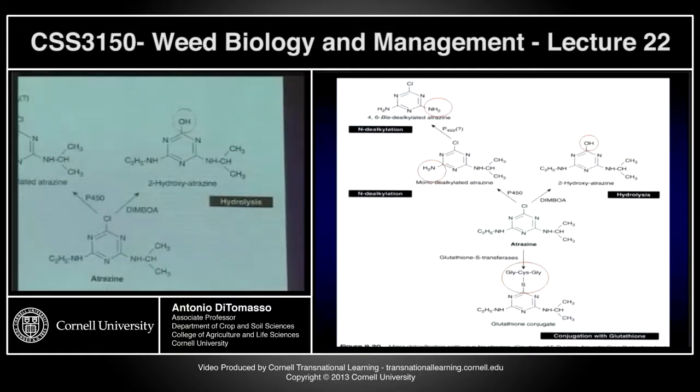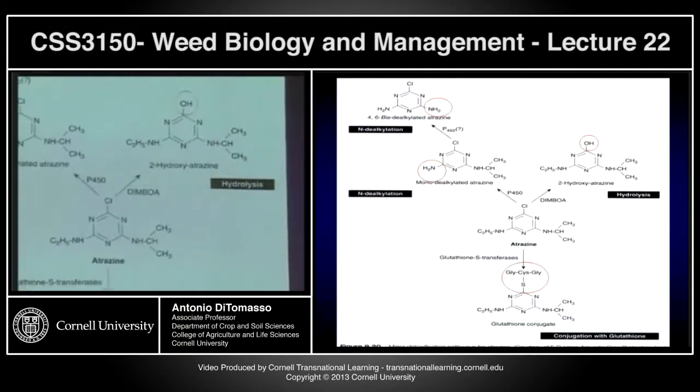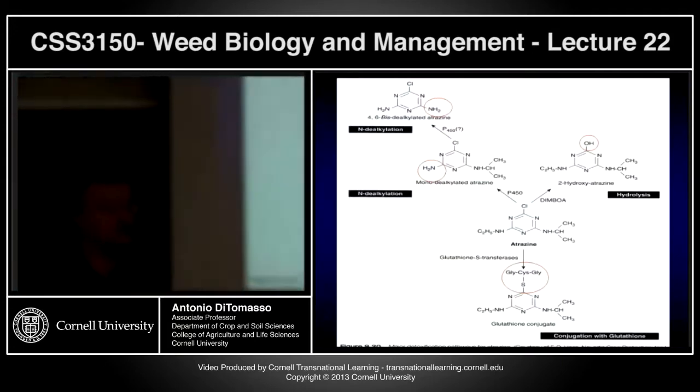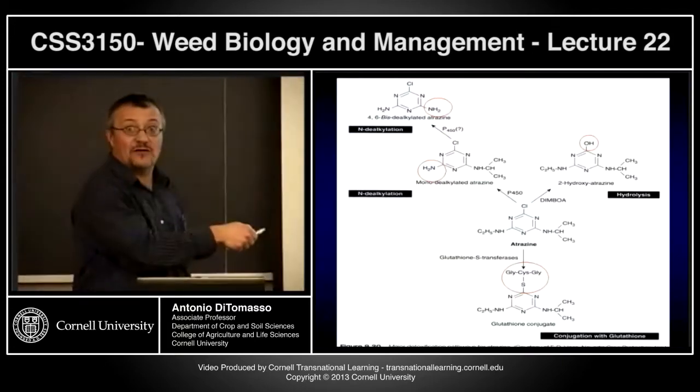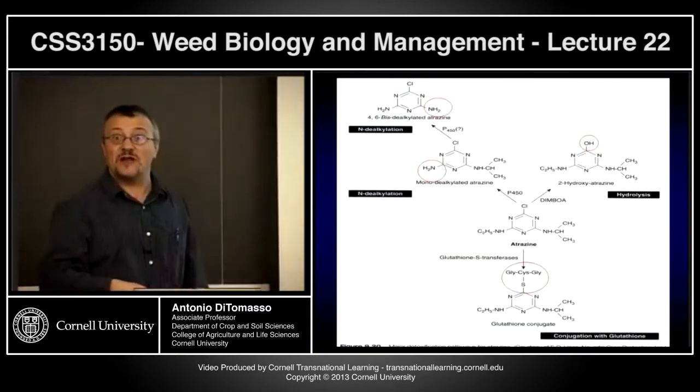The chlorine is removed, and a hydroxyl group, an OH group, is added. This step is carried out in roots, and corn does this. This is an important way, because atrazine can be applied PPI, pre and post. When you apply atrazine to the soil, this is how corn breaks it down, the main pathway, because this is carried out in the roots.